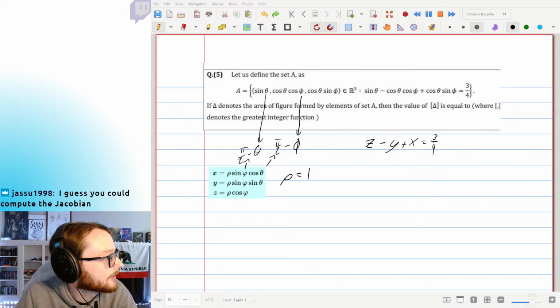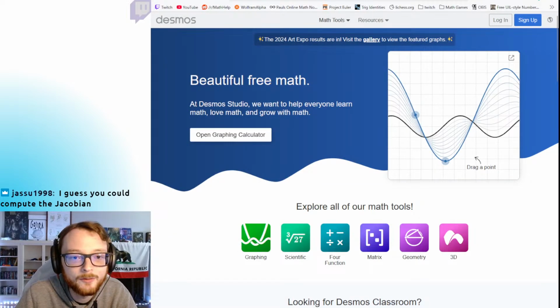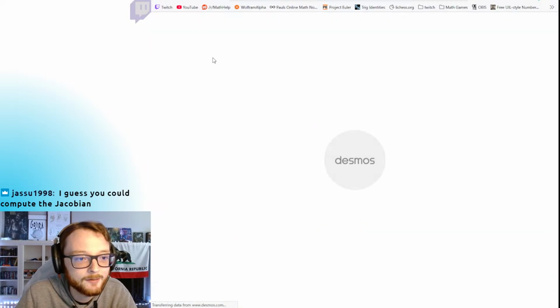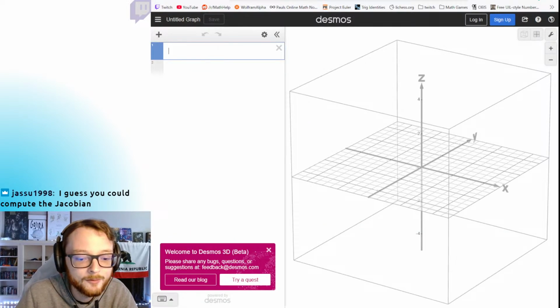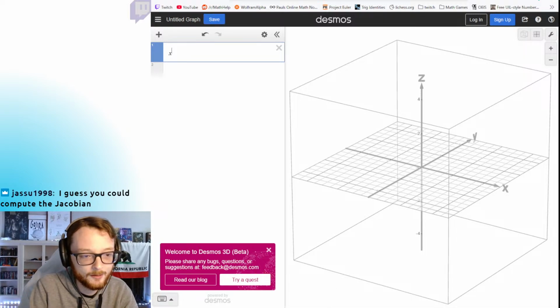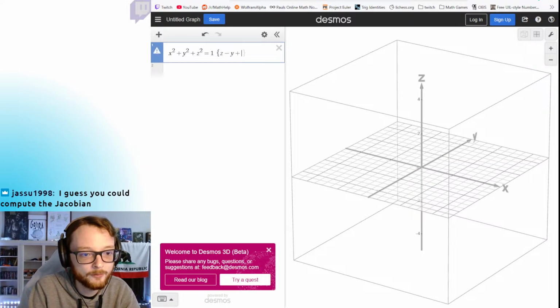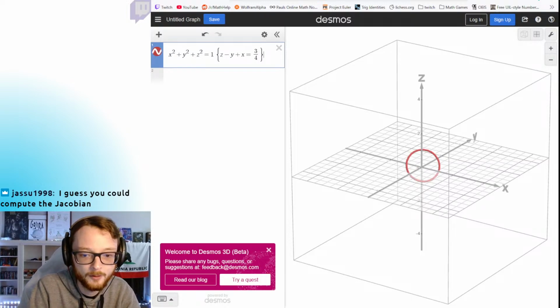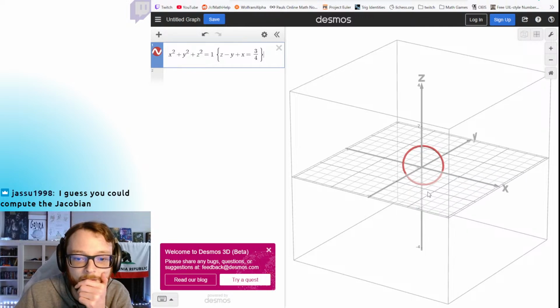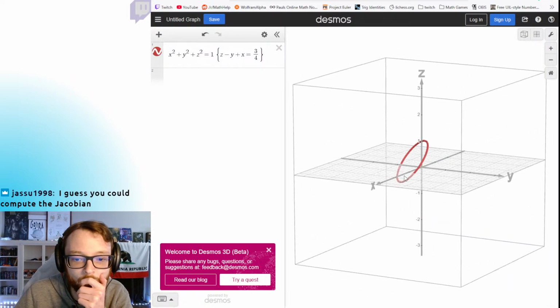I have part of an idea to at least get an idea of what, like, Desmos is helpful here, isn't it? If we take x squared plus y squared plus z squared equal to 1, can we give it the constraint z minus y plus x equals 3 over 4? Ooh.